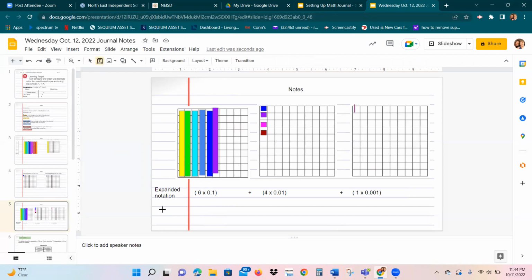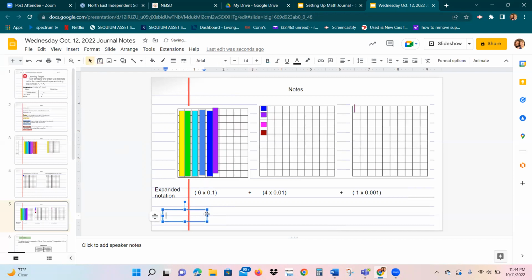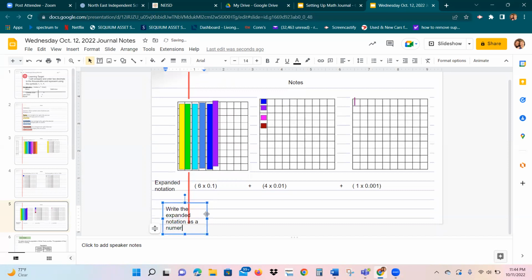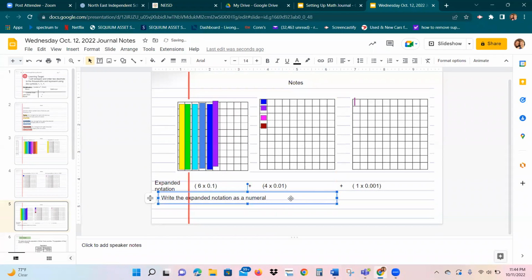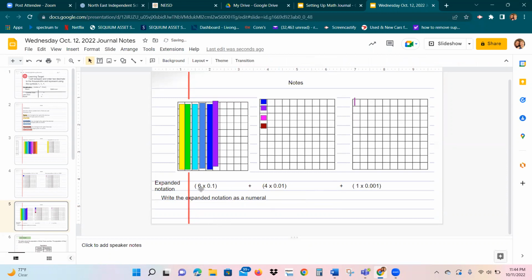I can't even say that. It's getting late. So I'm going to write the expanded notation as a numeral, because you're going to be seeing that. And I don't want you to say, oh my gosh, what's a numeral? I want you to know that we've gone through it, because that is the language that they're now using quite a bit. So here I have 6/10, right?